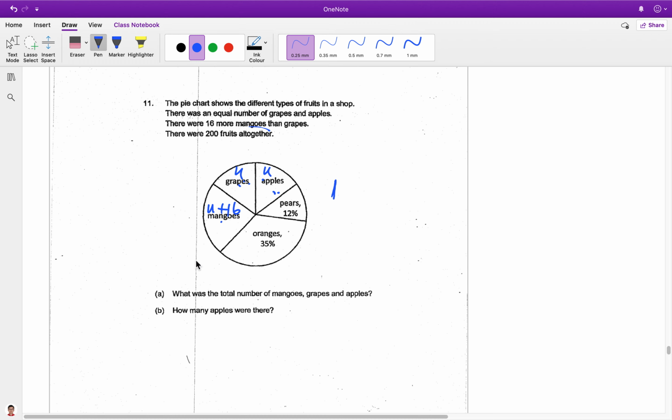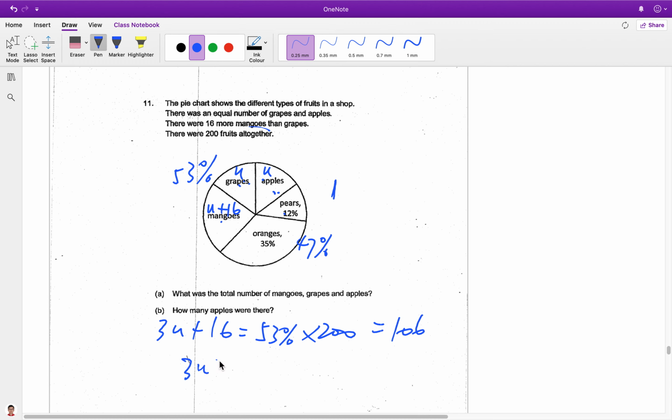And this one, we know the other parts are 12% and 35%, which is 47% in total, right? Then we know that this part will be 53%, right? 53% is how much? Well, we see that it's 3u plus 16 equal to 53% of the 200. Right? 200 times this one equals 106.